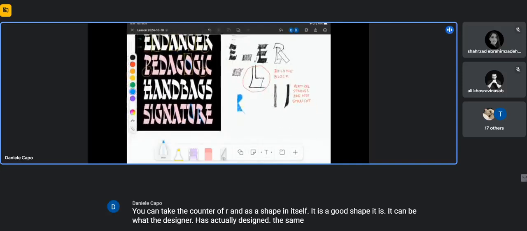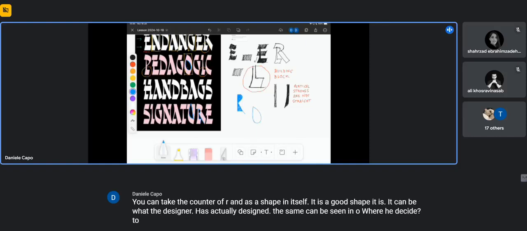The same can be seen in O, where he decided to design the counter in this way, like a drop.